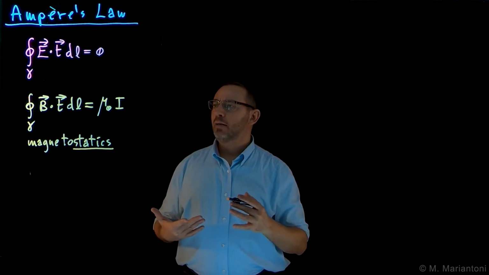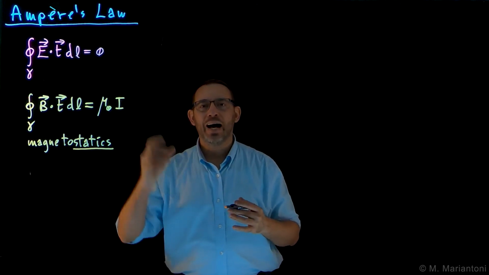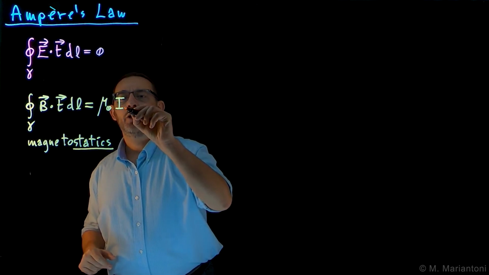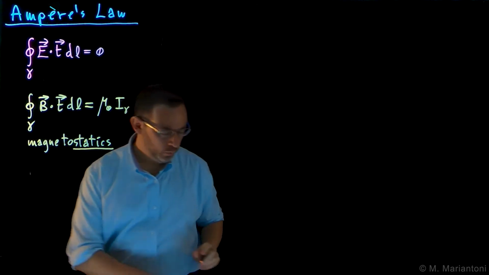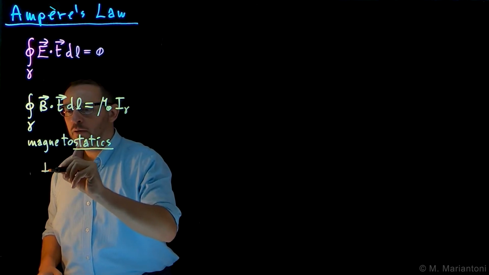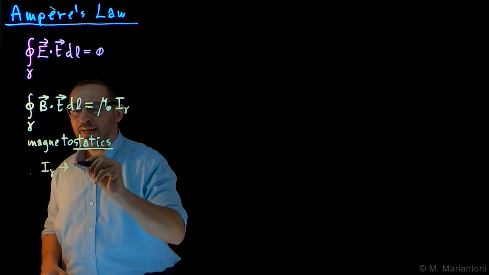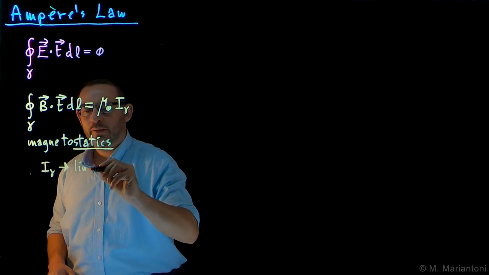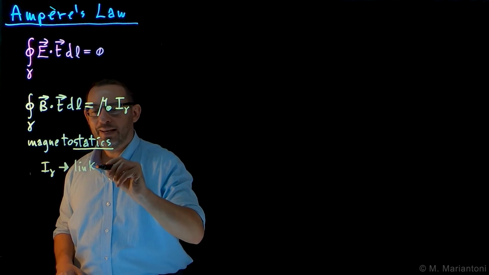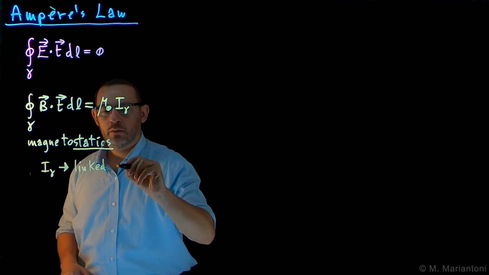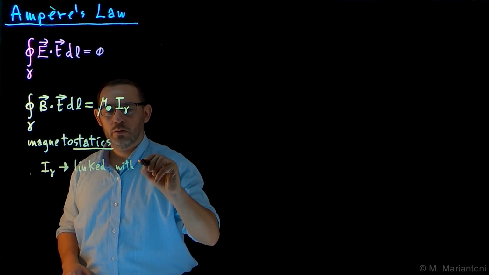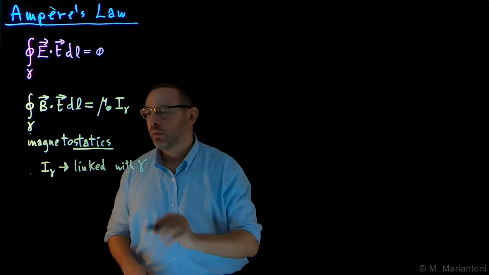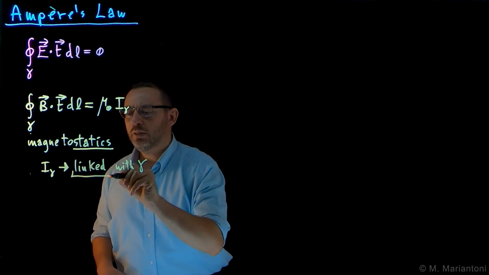In particular, what is this I? I is actually the current linked with line gamma, the key word being linked. We want to understand now what this word means.